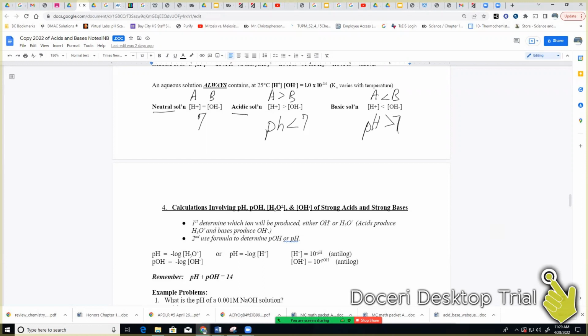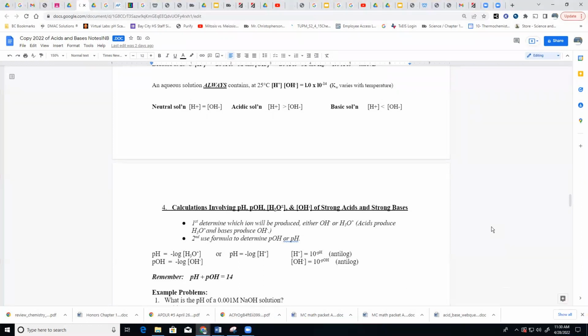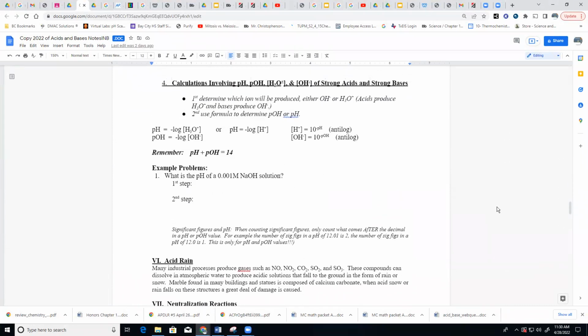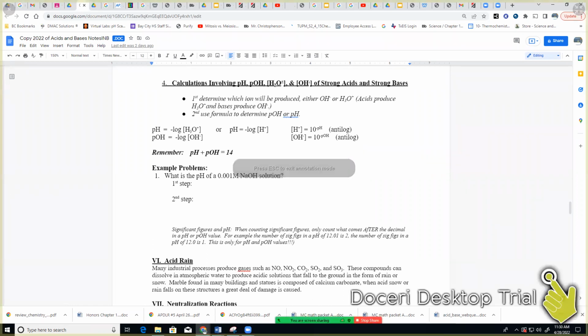All right, so we have some formulas that we use during this unit. Like I said, they're very calculator based. And this is all of them right here at the top. On these two, if I need to find pH or pOH, I'm going to use those, and that would mean I have to have the concentration.